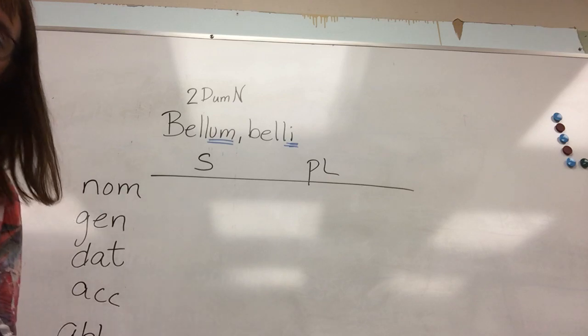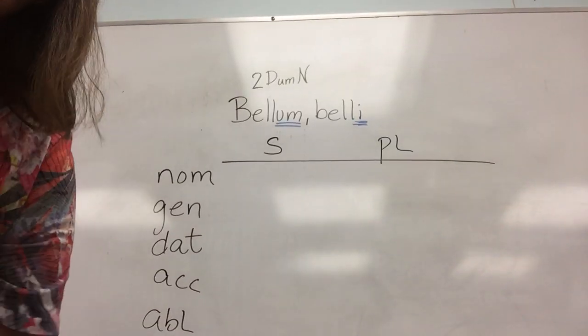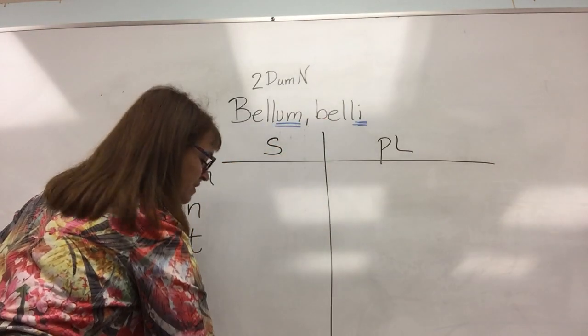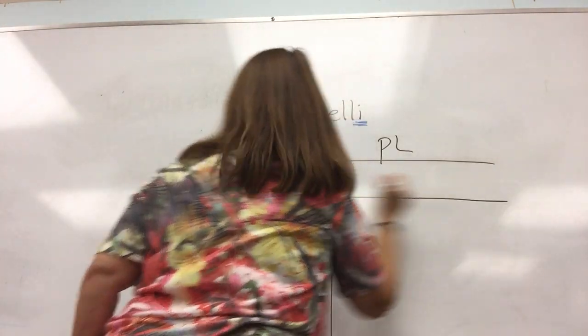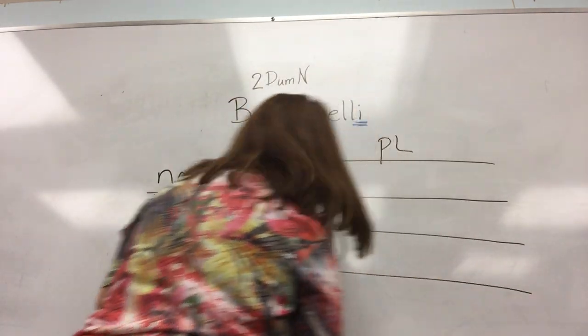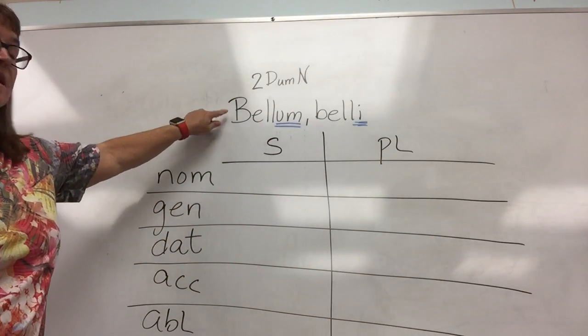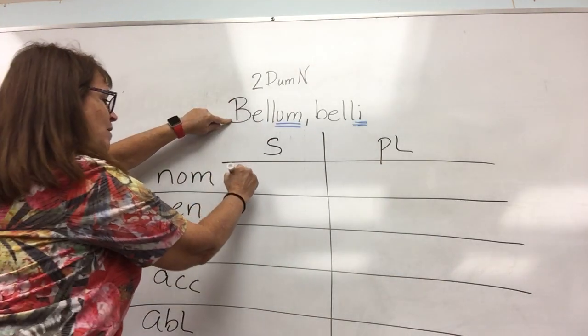Okay, there are our ablatives getting a little lost there. Okay, there we go. There is our chart. Okay, let me draw my nice lines because I really like lines. And when you do it, you might want to make a nice chart also. Okay, so remember, we always take this first one and we put it here.